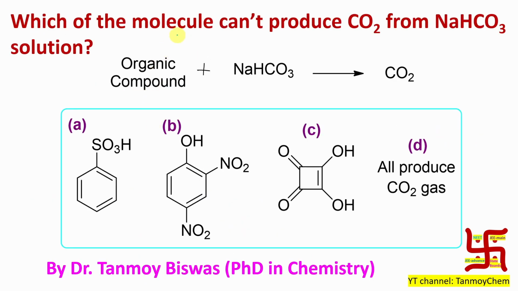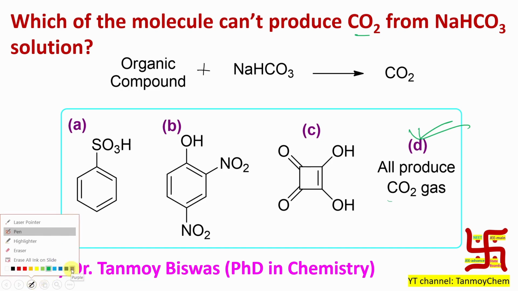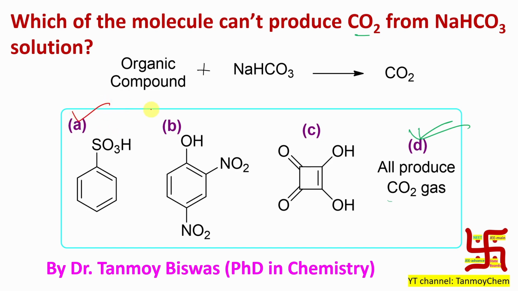So let's go back to our question. Which of the molecules can't produce CO2 from sodium bicarbonate solution? Actually all can produce. So option D will be the right answer. All produce CO2 gas. Now if this question appears in your exam, how can you get the right answer in less than 30 seconds? I would suggest, student, remember these 3 options are very unique.